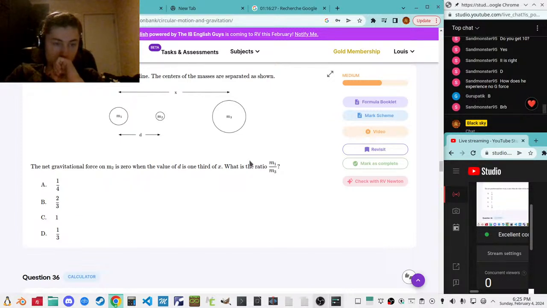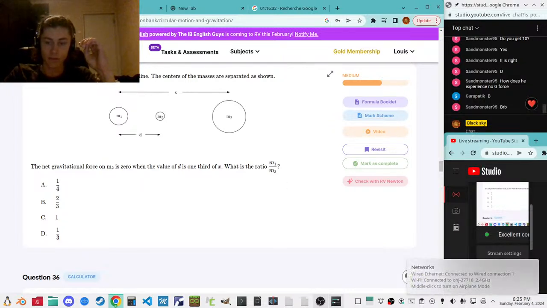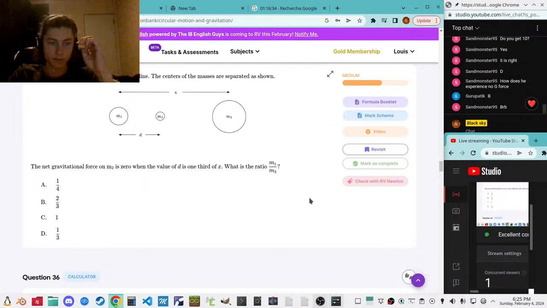The net gravitational force on M2 is 0. Let's think, the value of D is 1/3 of x.